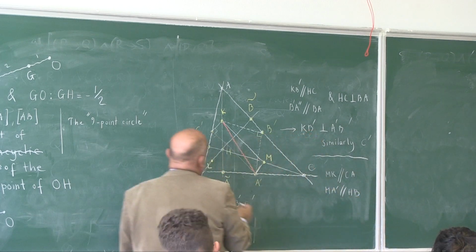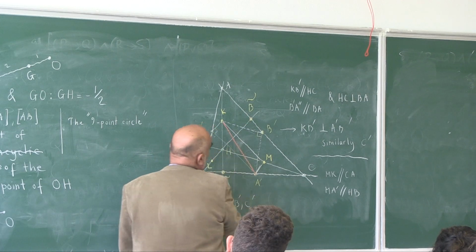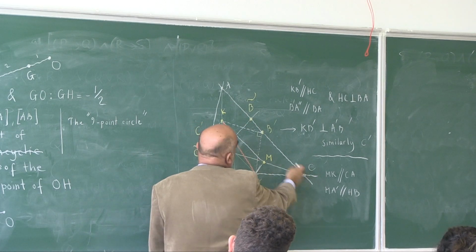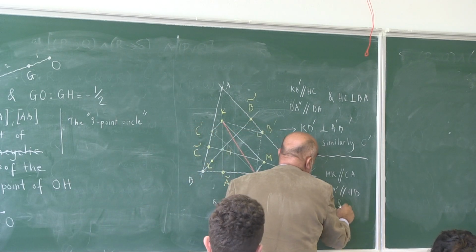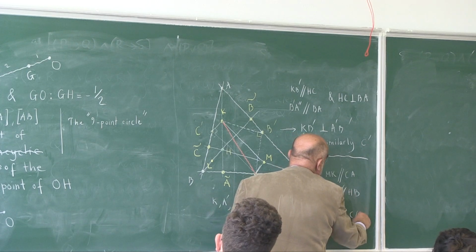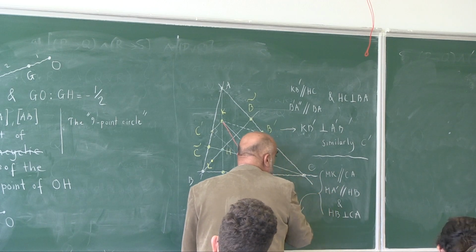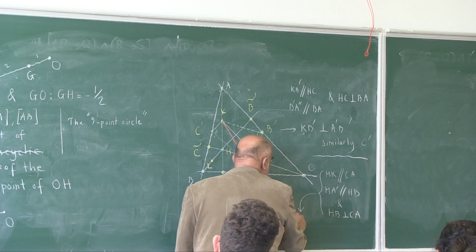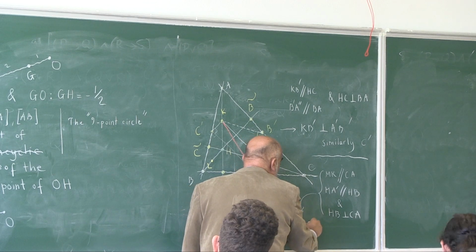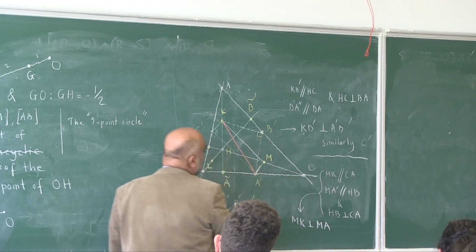But you see, HB is in fact the altitude through B, so HB is perpendicular to CA. So combining all these, you come to the conclusion that the line MK must be perpendicular to the line MA prime. So you've done it again.